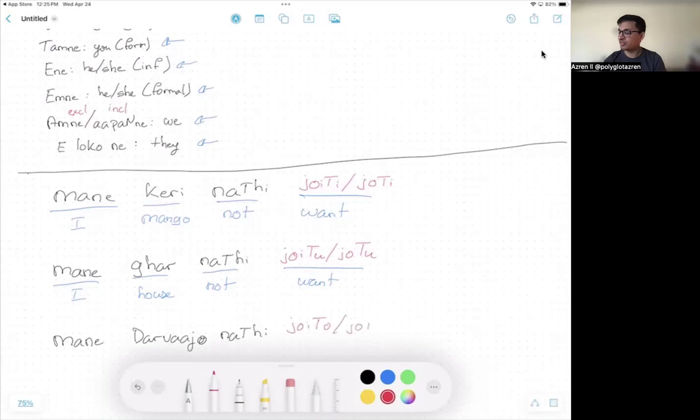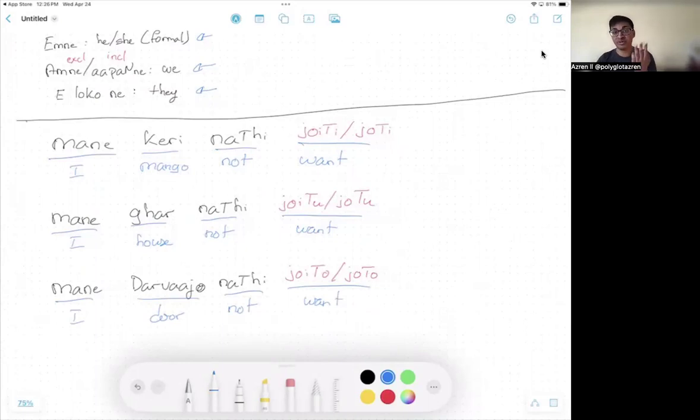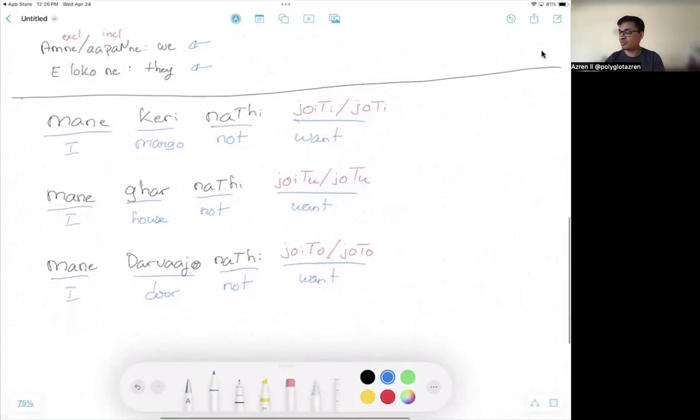Or joto, I think some people might say. I, door, not, want. So now we have joito. So for the want word, we have three choices so far. Joiti, joitu, joito.